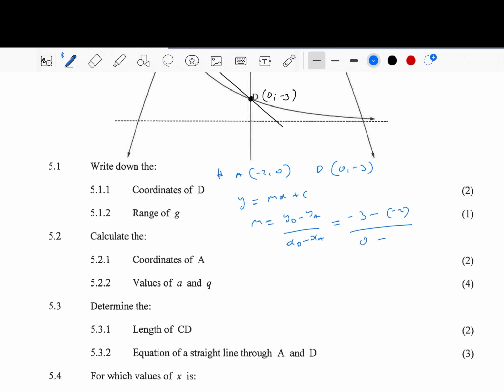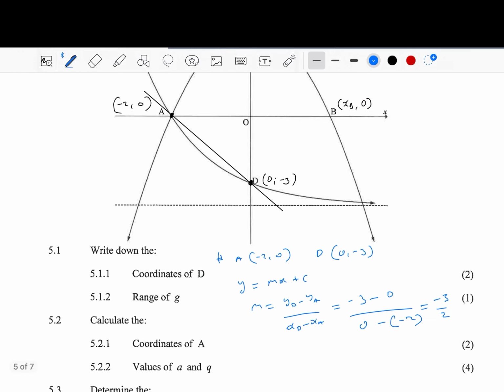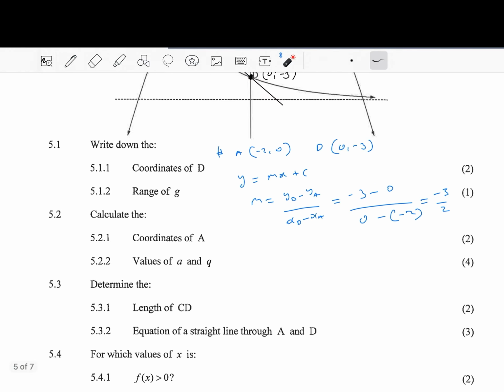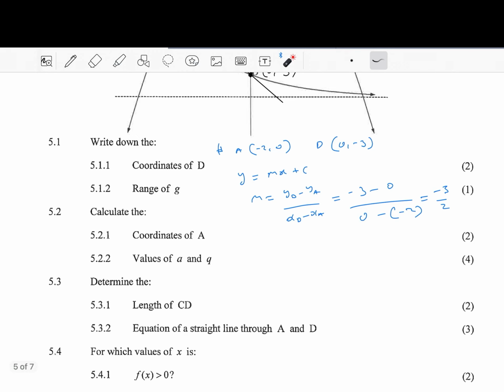The y value of A is 0, but the x value of A is -2, and xd is 0. So this is equal to -3 over 2. So that's your gradient, and the gradient is negative. That makes sense because the slope of this is decreasing, it's going down, so the gradient is negative.